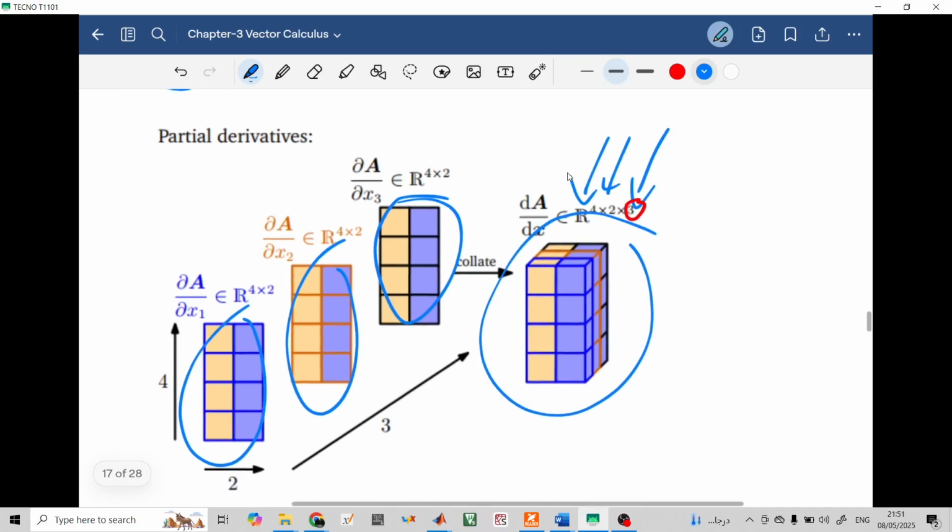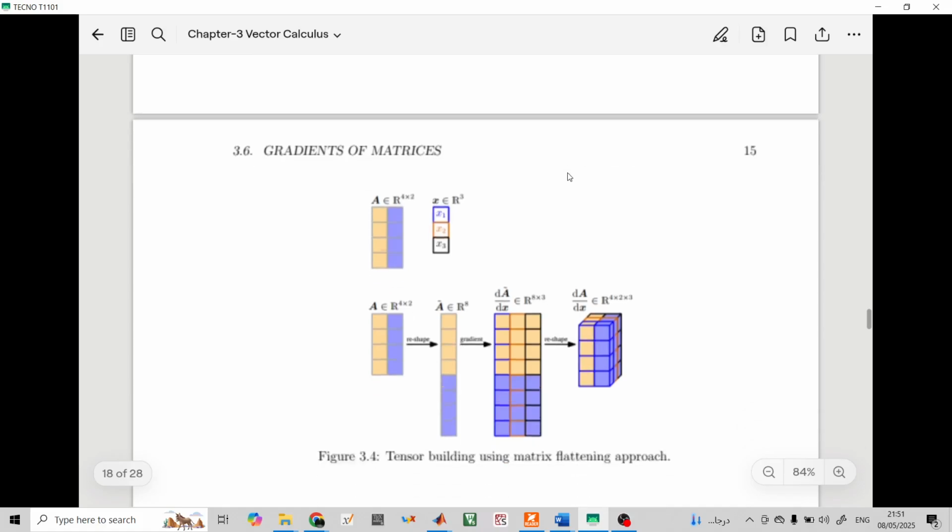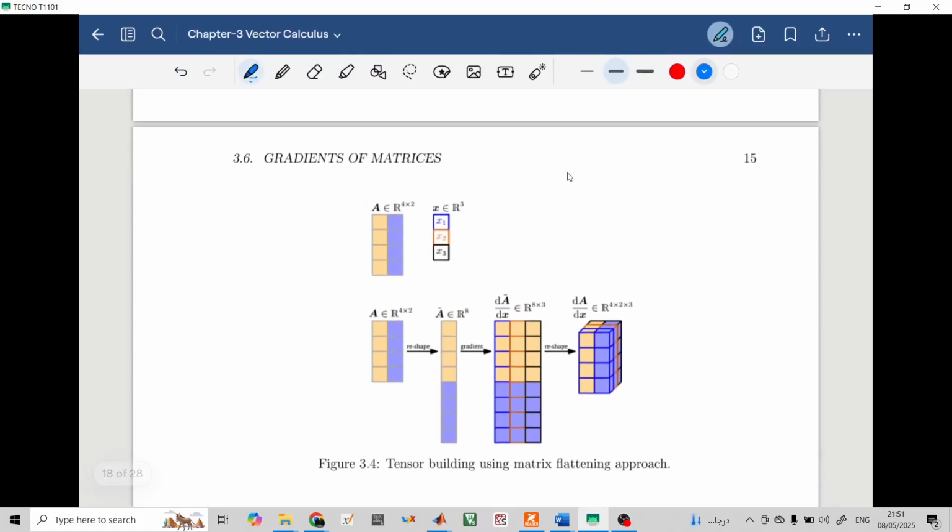Another way is called flattening. So let's go to that example. We take this matrix A and we flatten it, so we convert it into a vector. Then we take the derivative of this flattened matrix, i.e. a vector, with respect to the vector x, which will give us a matrix. Now the matrix is 8 by 3.